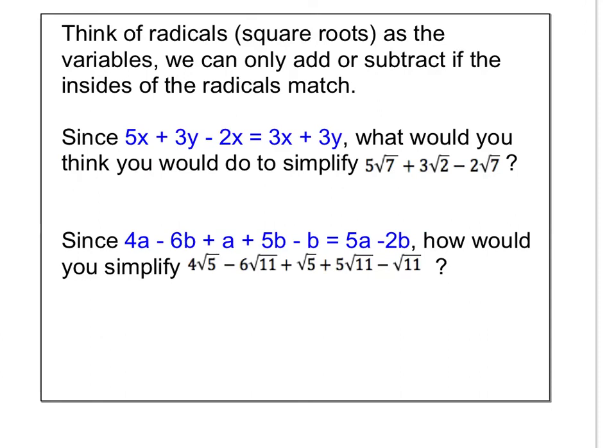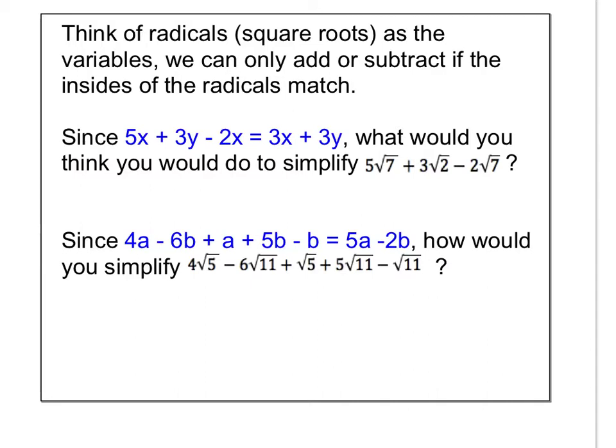So we want to think about square roots as variables. As long as those square roots are the same, we can add the coefficients that go along with each term. So with a particular example like 5x plus 3y minus 2x, well, that's 3x plus 3y.